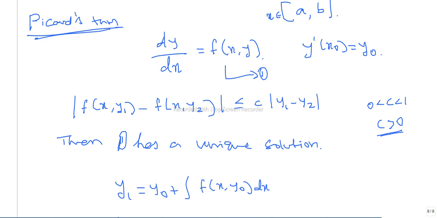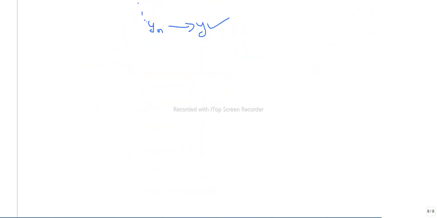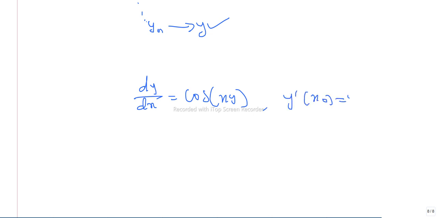I think you were asked yesterday about dy/dx = cos(xy), where f(x, y) = cos(xy), with some initial condition y(x0) = y0. Now f(x, y) = cos(xy) is a continuous function, and we have to check whether it is Lipschitz in the second variable.